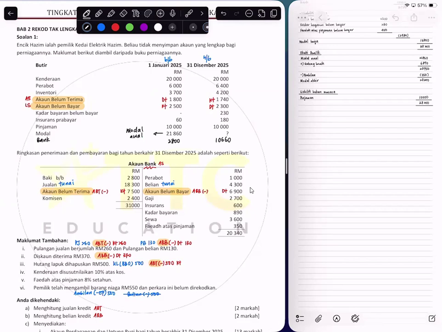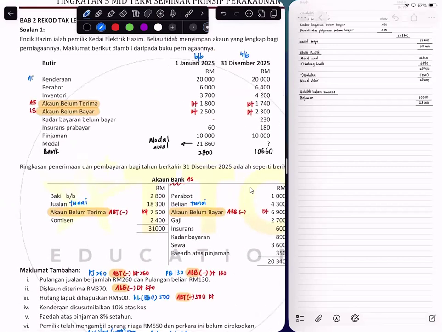So for pelarasan, let us go through the whole question one more time, like how we did previously. Okay. The first one, kendaraan, ABS. Perabot, ABS. Inventory on the first day, inventory awal for APO. On the last day should be inventory akhir for APO and PKK. And the classification of inventory akhir will be AS. ABT, AS.